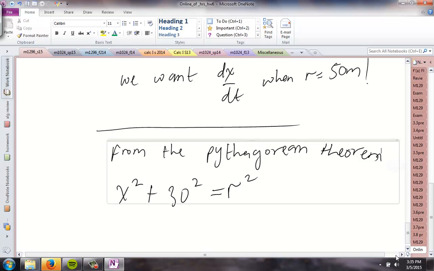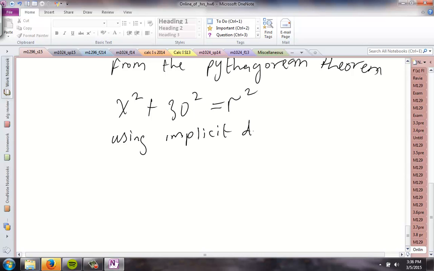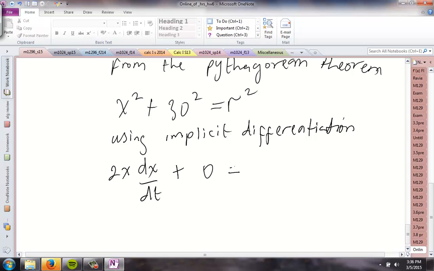Alright. So to differentiate that with respect to t, using implicit differentiation, we get 2x dx/dt plus 0 is equal to 2r dr/dt.